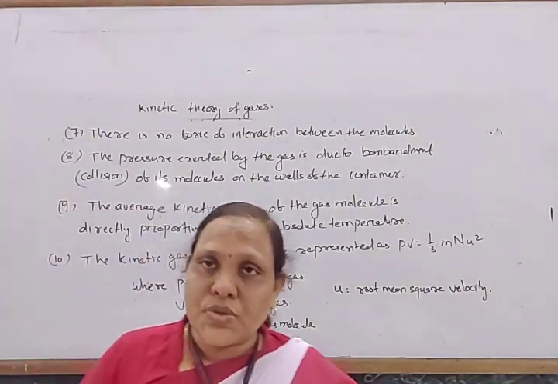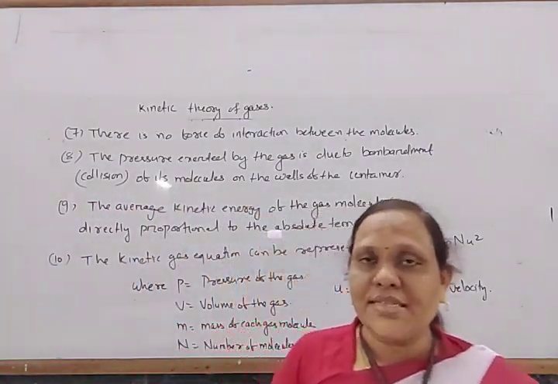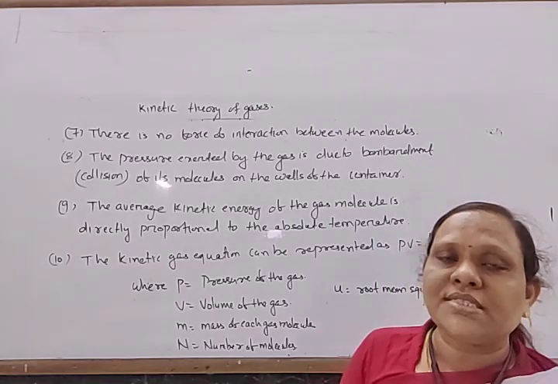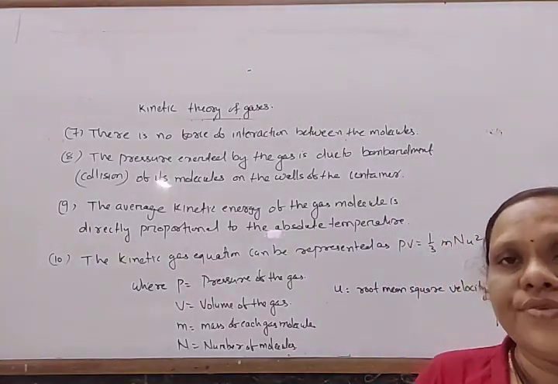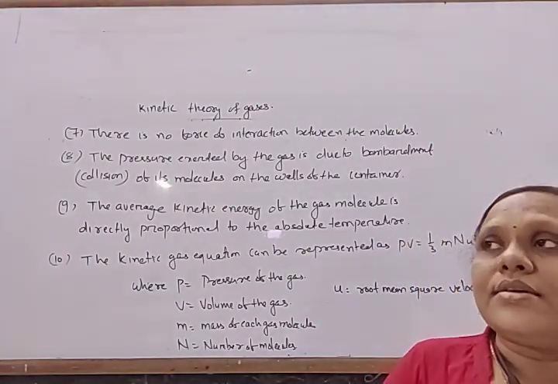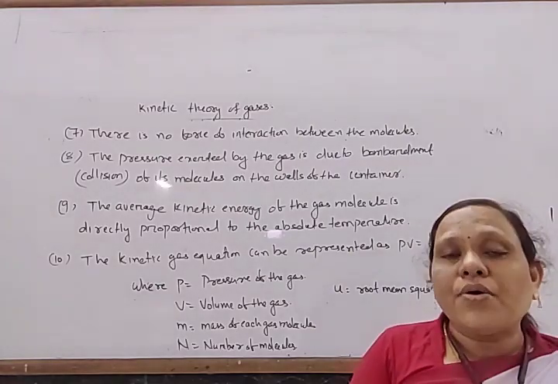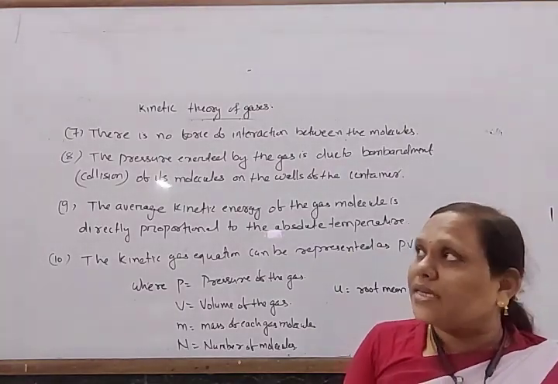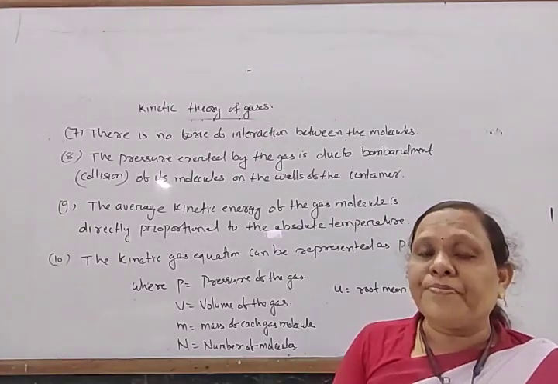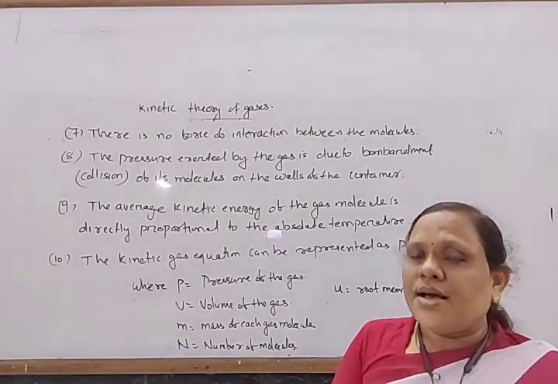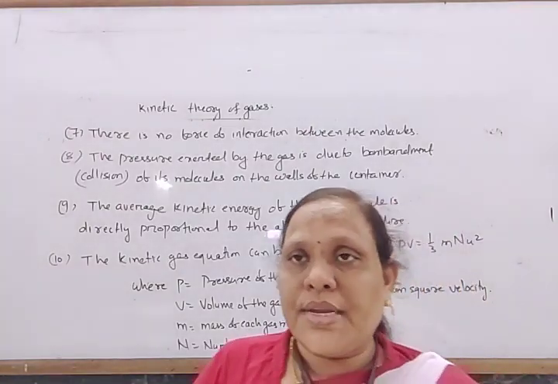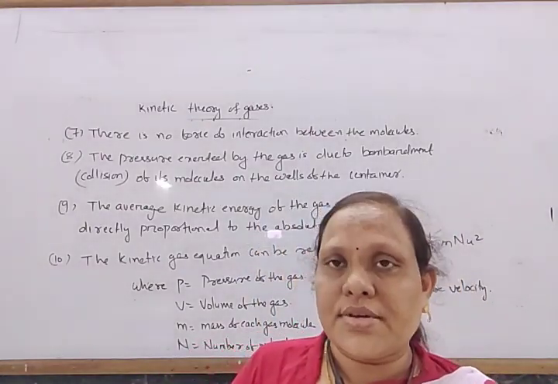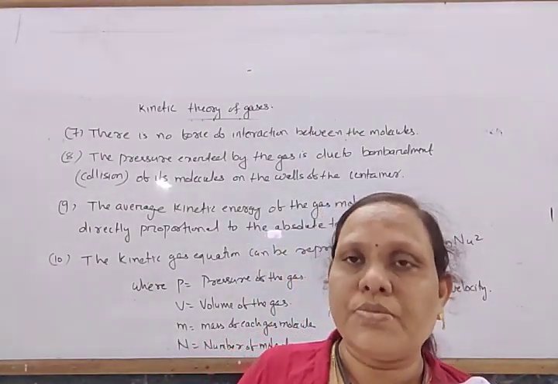So these are the postulates of the kinetic theory of gases, and they explain all the behavior of gases, and why the gas laws are obeyed by gases. Okay, so for today up to this; next we will discuss some other portions of this chapter.